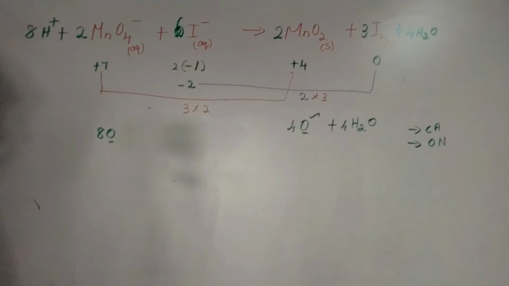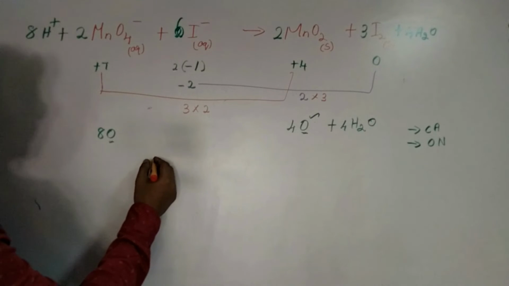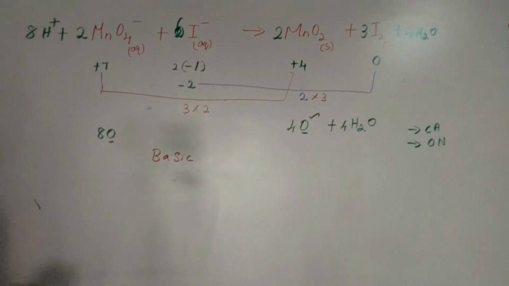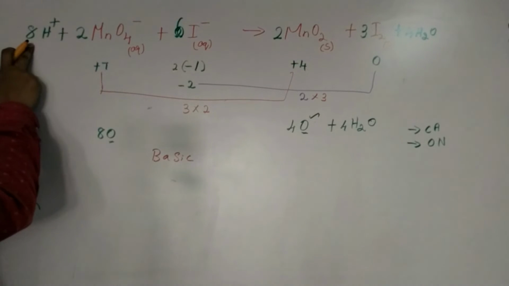The final step is to check whether the reaction happens in a basic medium or not. If it is a basic medium, H plus should not be there in the final equation.